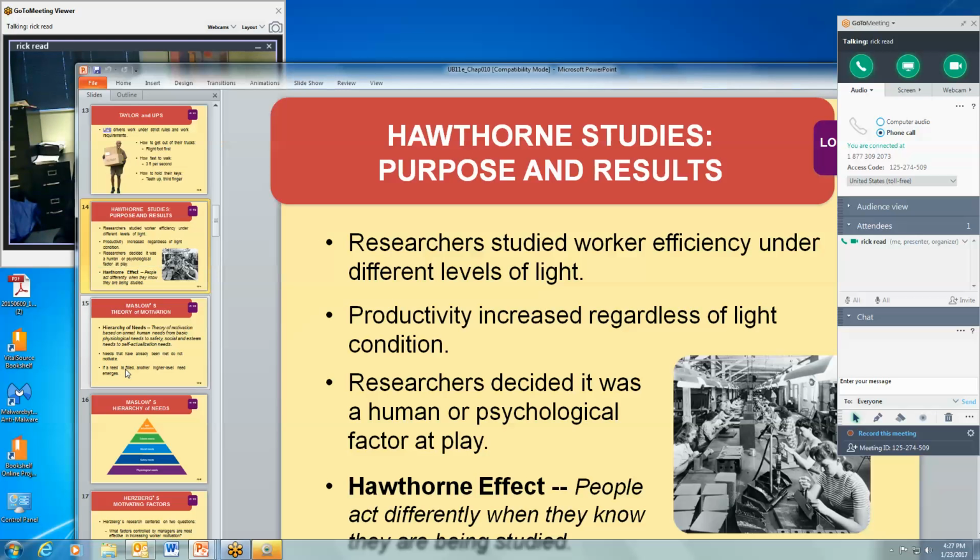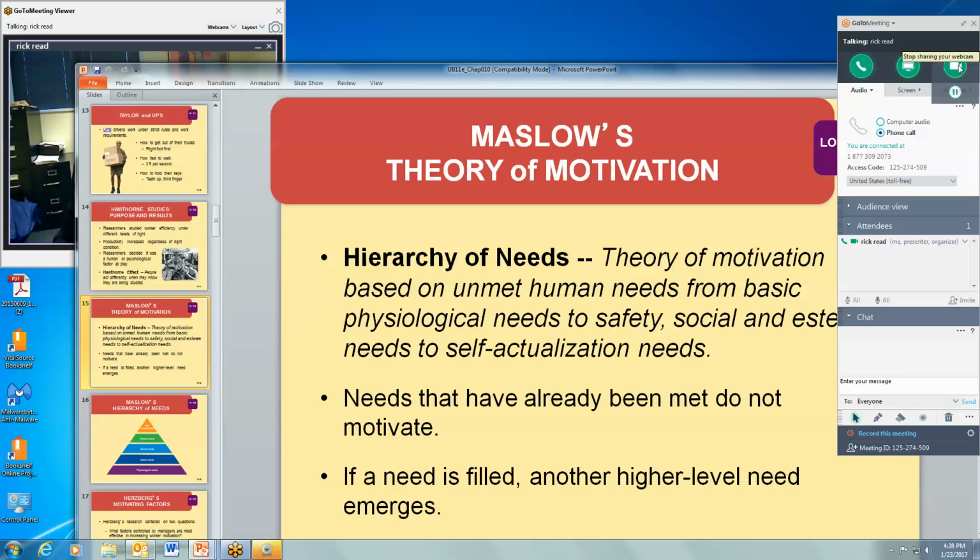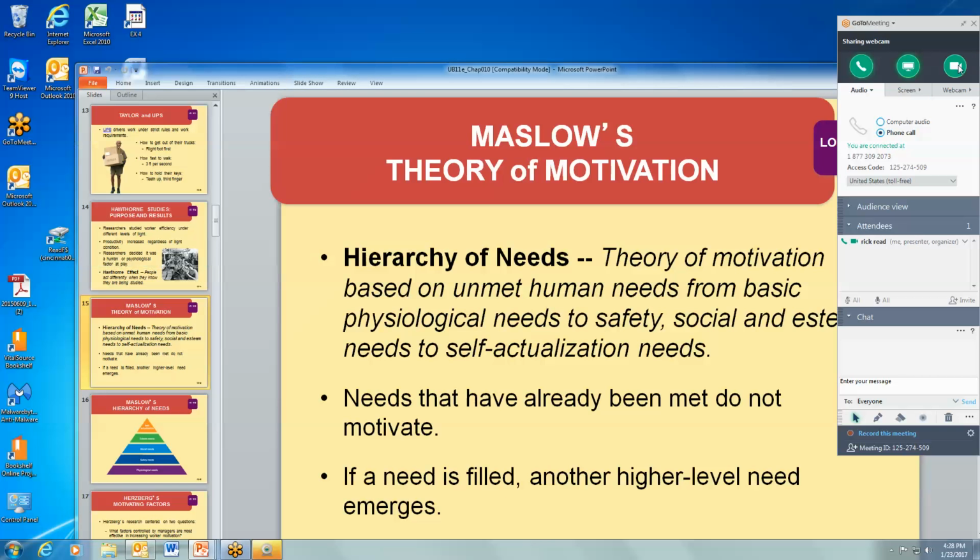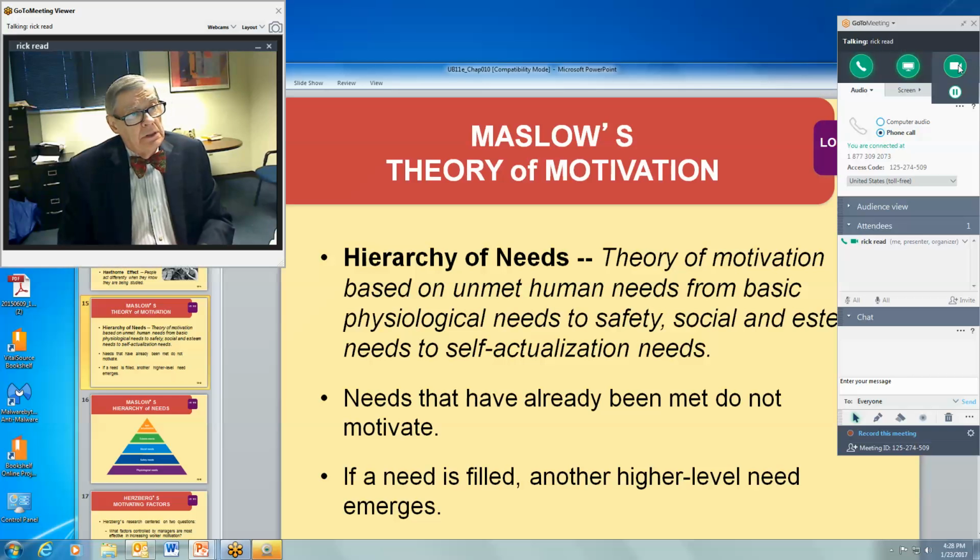One of the most famous motivational theories that we know, and greatly popularized over others, I suppose the best way to put it, is Maslow's hierarchy theory.